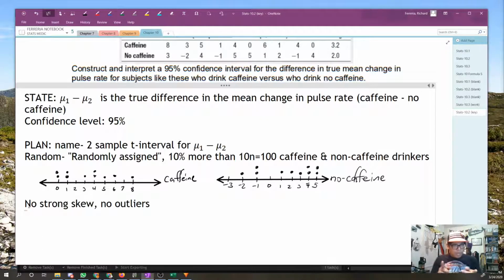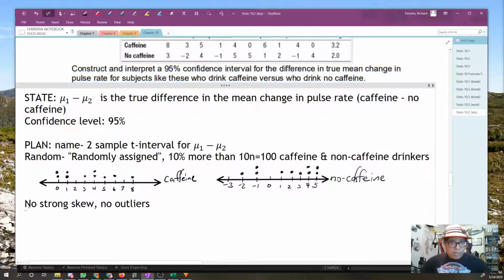Okay, so for plan, we had a 2-sample t-interval for mu1 minus mu2. We're told that it's randomly assigned. For the 10% condition, both samples are size 10, so 10 times n is 100 for both samples. I know there are more than 100 caffeine drinkers, and I also know that there are more than 100 non-caffeine drinkers.